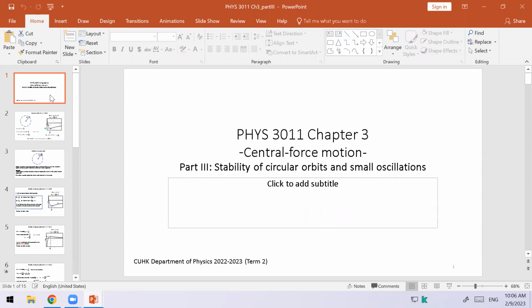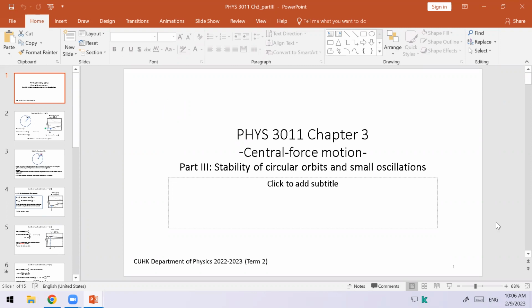Okay, so then we simply move on to the next part of the chapter. Here we'll be talking about a concept that is the so-called stability. From now on, I won't really be telling you whether I'm talking about a one body motion or two body motion, because as you have already seen, mathematically they are really the same.